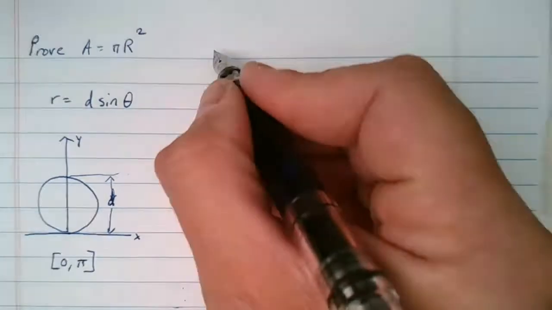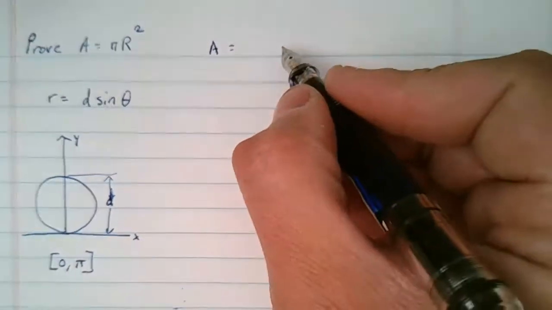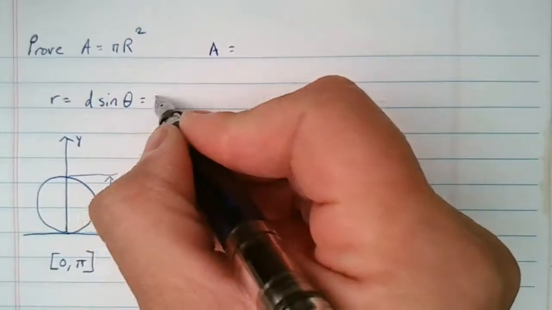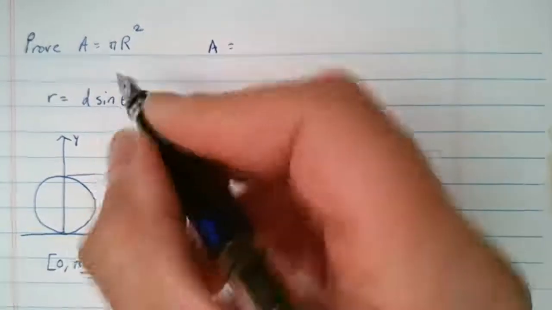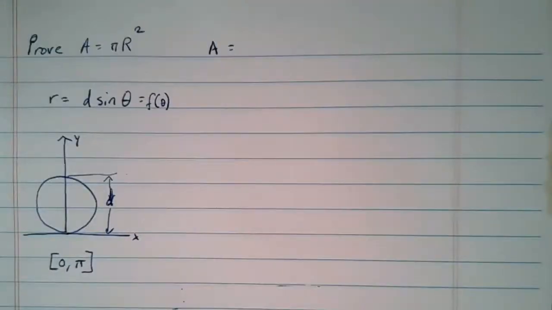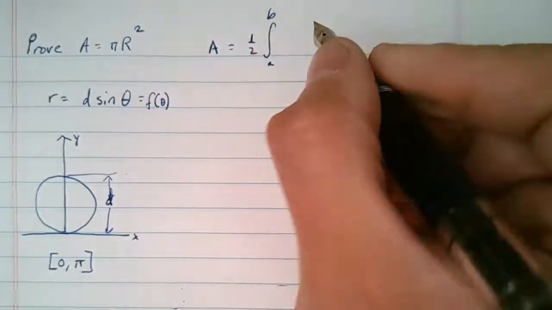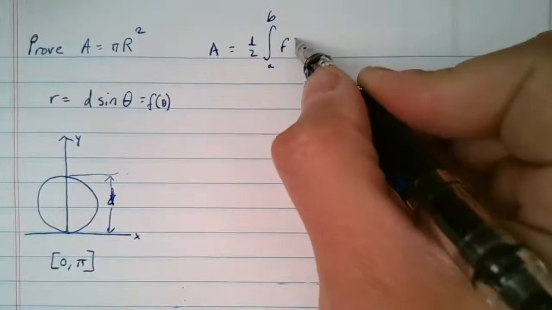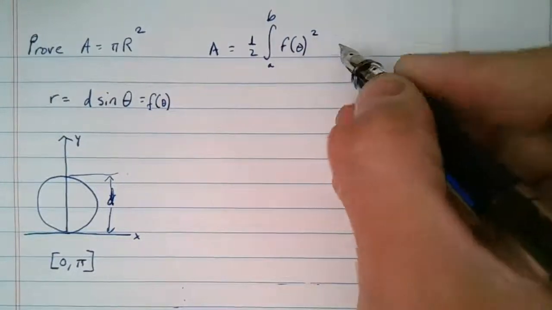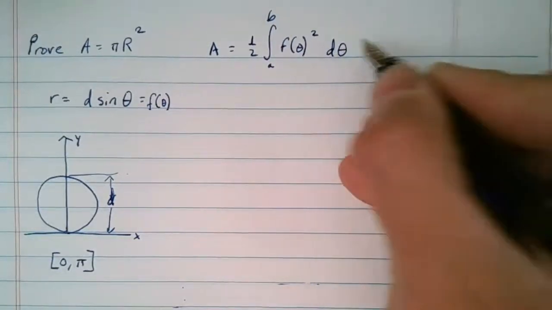So the area of any, and by the way, this is equal to f of theta. Just make sure r is always equal to f of theta. The area of any polar graph is always going to be 1/2 the integral from a to b of f of theta squared d theta.